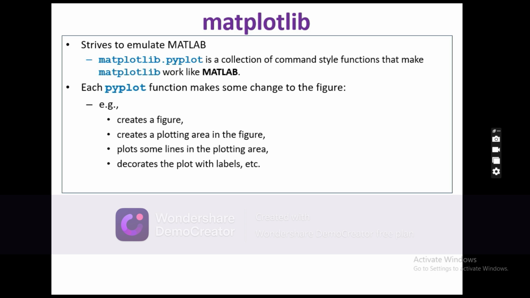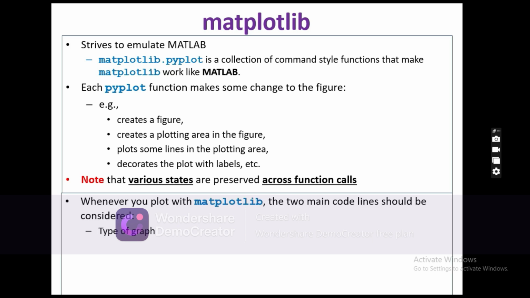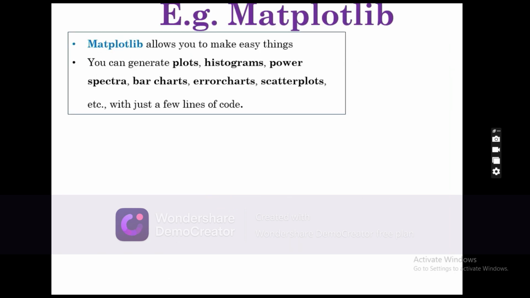We can provide labels for the x-axis and y-axis. We have different types of graphs, such as bar chart, line chart, etc. Once the graph is ready, we can show it by using plt.show. I'll show you in the code how to display the graph.